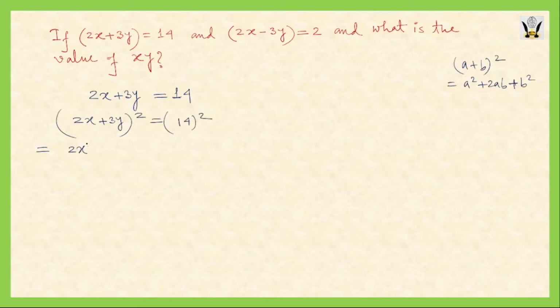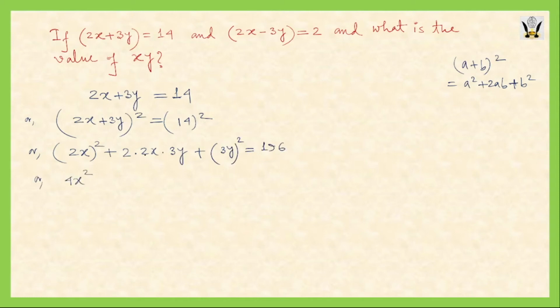It will be 2x whole square, then plus 2ab, where a is 2x and b is 3y, and then b square, 3y whole square, and 14 square, which is 196. So it will be 4x square, then 2 2s are 4, 4 3s are 12, so the next term will be 12xy, and then 3 square means 9y square, and here it will be 196.